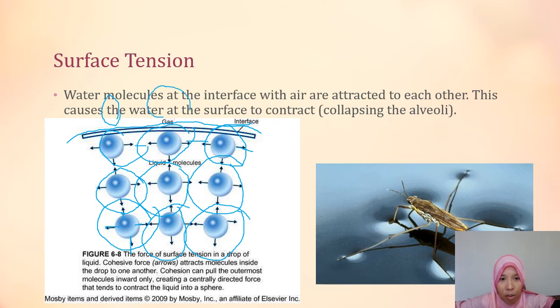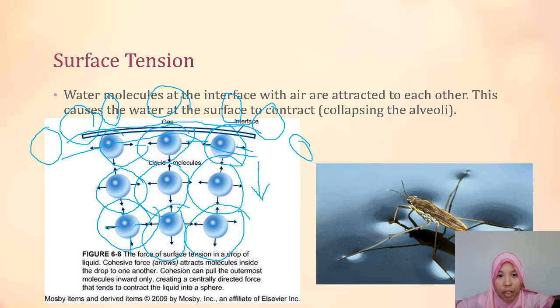Because there are none, the net force produced by each of these water molecules on the surface, particularly these three, is downwards. You have a net force pulling them downwards because there are no water molecules above.